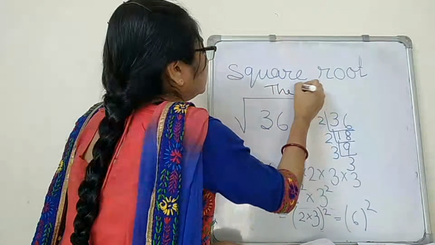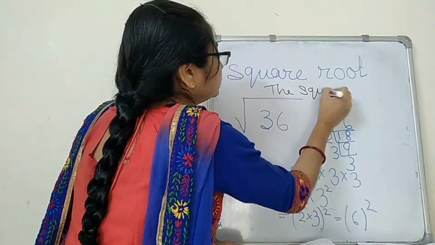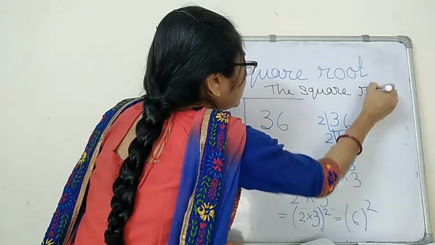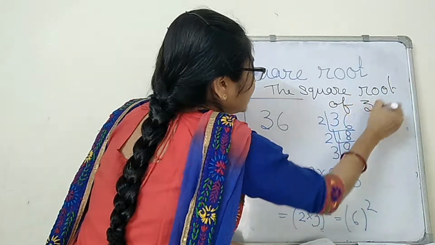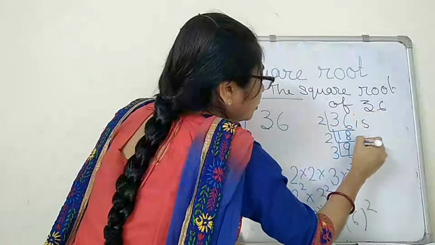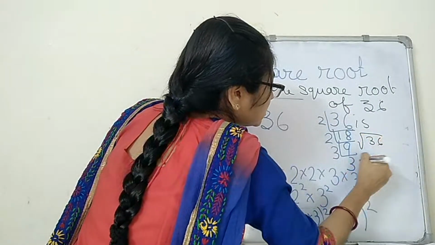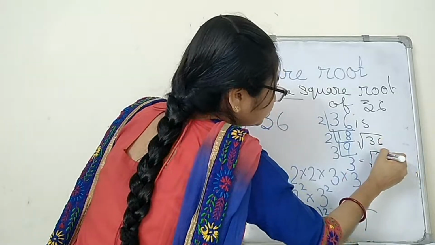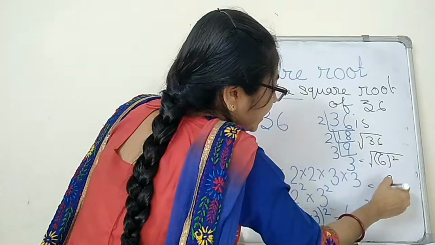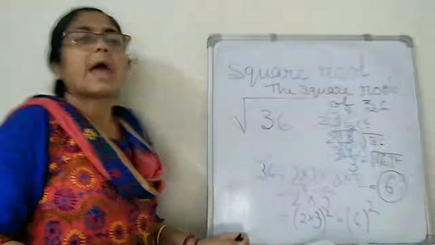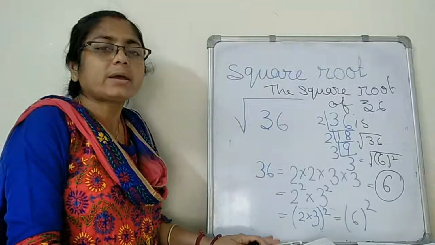The square root of 36 is root over 6 whole square, means 6. 6 is your answer. Okay?